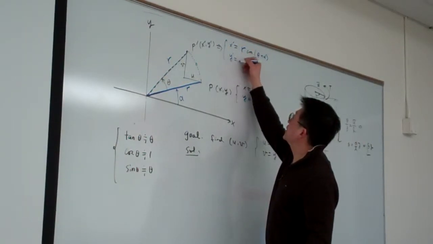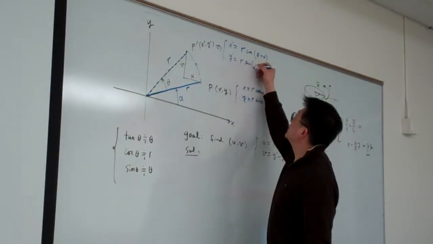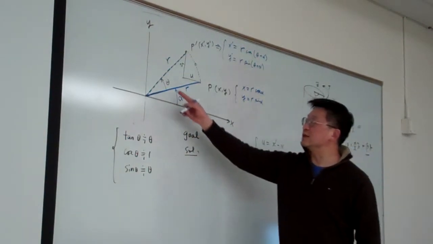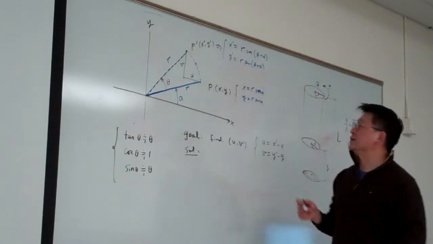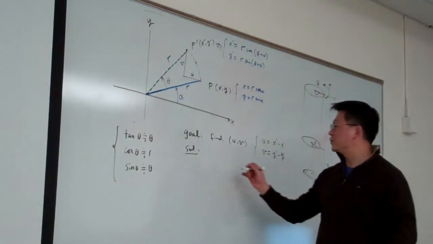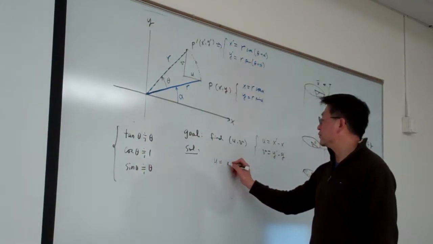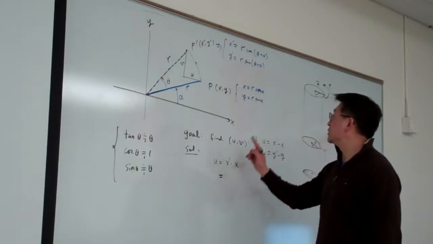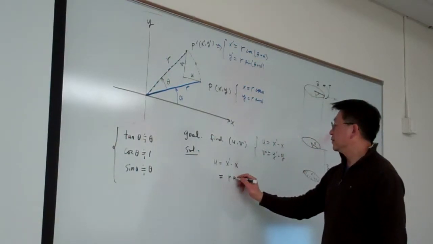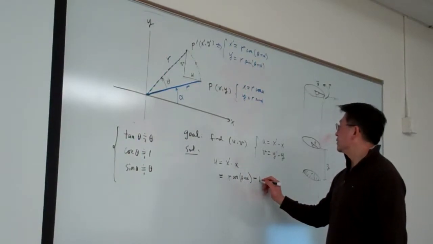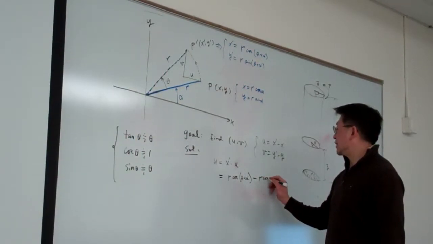And Y prime is R times sine of theta plus alpha, right? Basically, that is this angle, very straightforward in this way. So from here, using this notation, you are able to see U will be equal to X prime minus X, which is simply R cosine of theta plus alpha minus R cosine alpha. Okay?